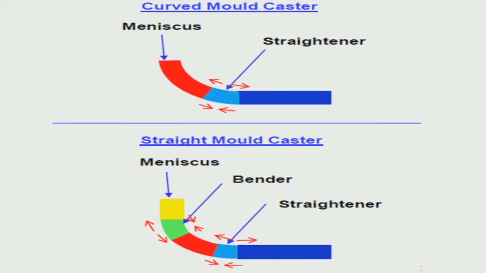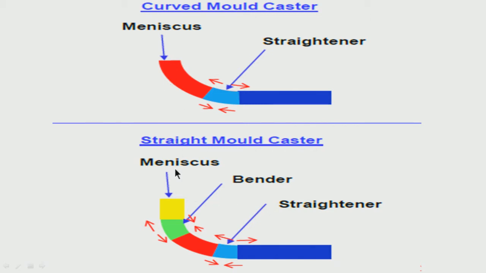Now, this will be very interesting. Look at the two molds. Continuous casting mold can be of two types. The normal type is the straight mold, that means a vertical mold, we call it vertically straight. It comes down, and then it has to be bent, and finally it has to be straightened to make it horizontal.